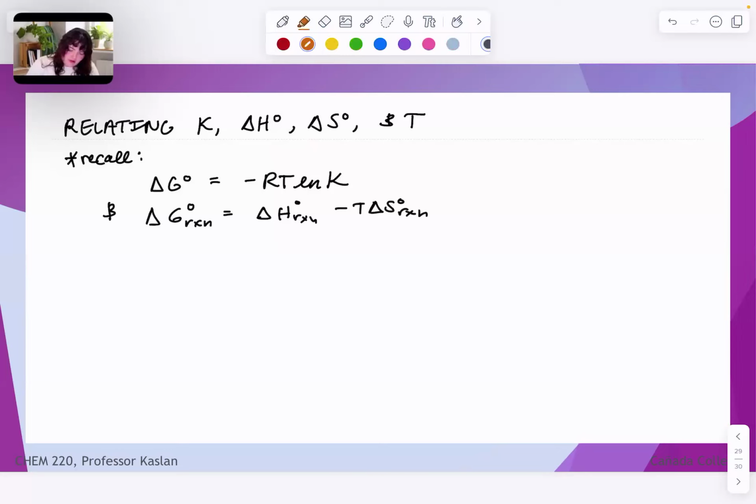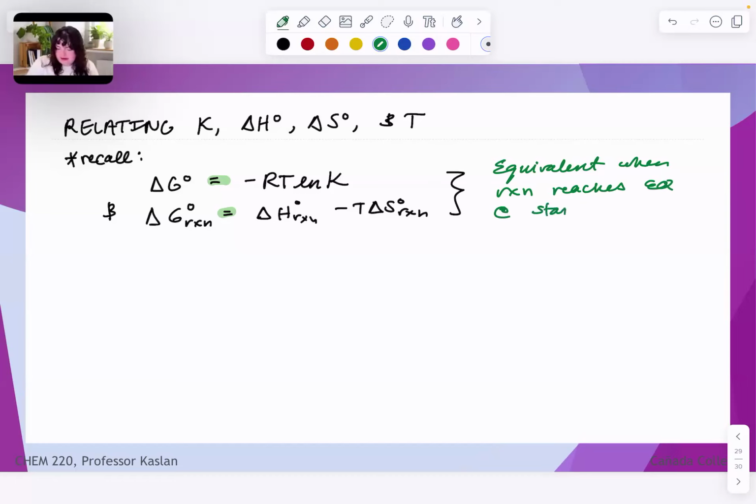So these are equal expressions when a reaction reaches equilibrium or exists in a state of equilibrium at standard conditions. So let's set them equal.